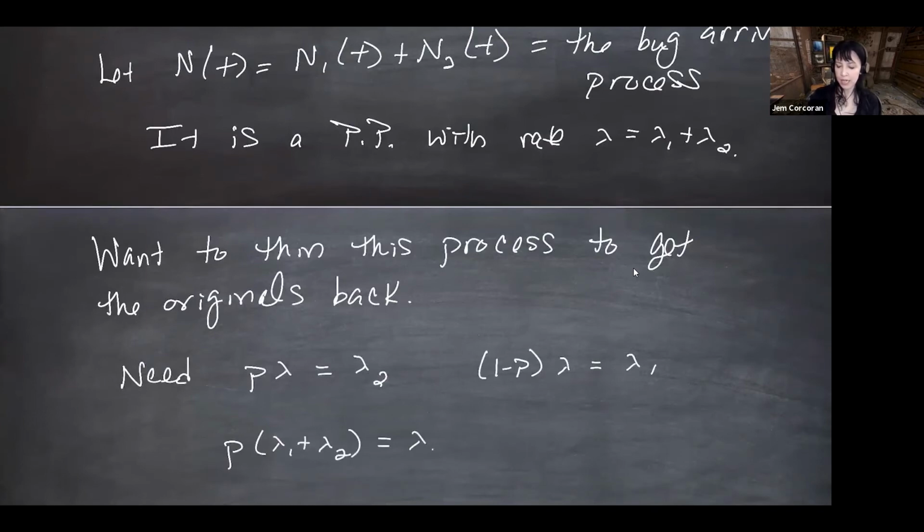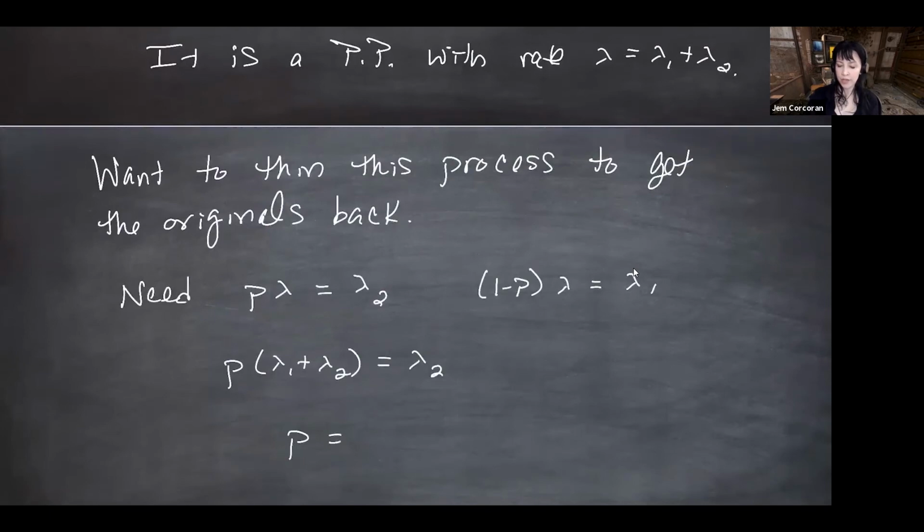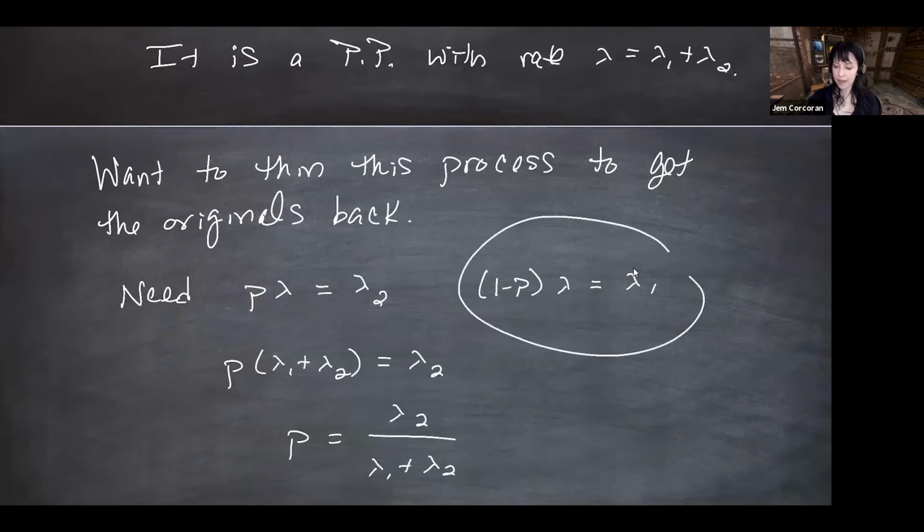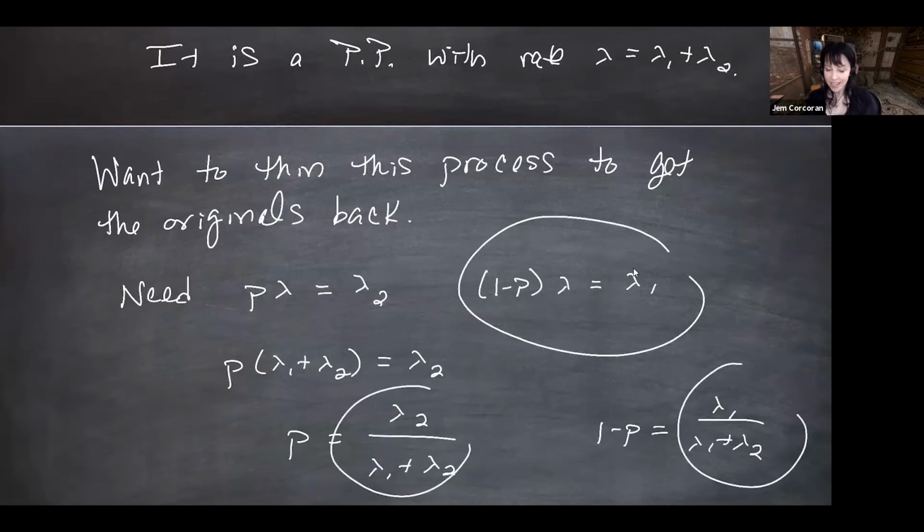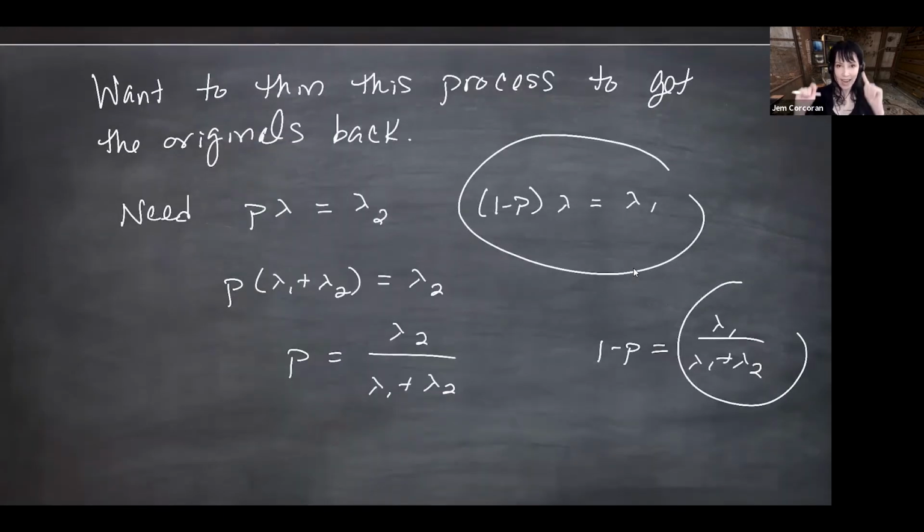So this is what I need, and so we've solved for p. This is not going to be anything different. You're going to get that 1 minus p needs to be lambda 1 over lambda 1 plus lambda 2. That's how these two numbers sum to 1. And this is the tag probability for the gnats. The bugs are coming, and you label them gnats with probability p being lambda 2 over lambda 1 plus lambda 2.